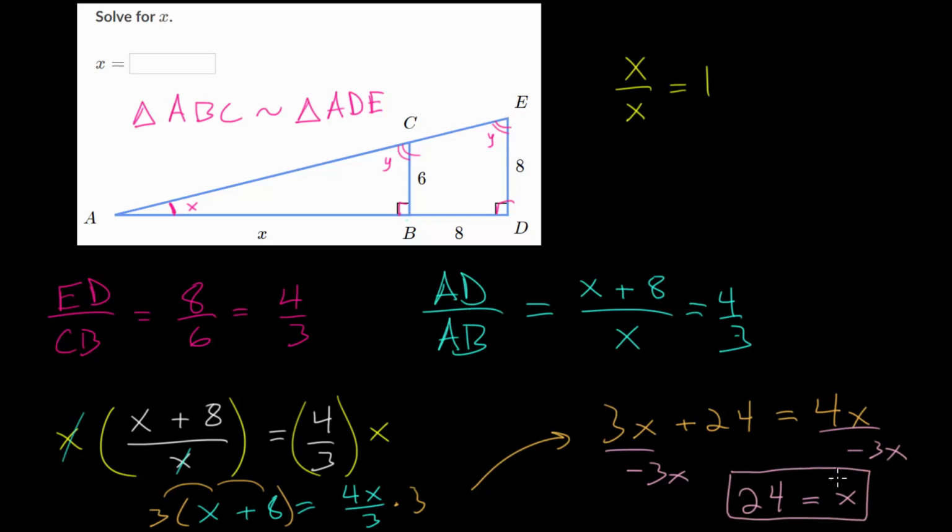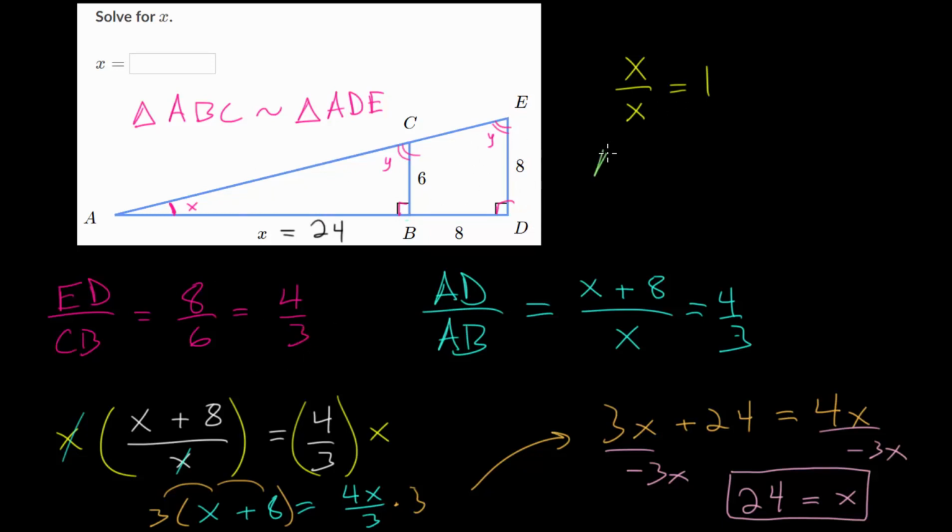So this is what we think is the answer, but there is a way to check these. We think x is 24, but let's make sure this ratio makes sense, since we know that the bigger side divided by the smaller side, like we had here, simplifies to 4/3.